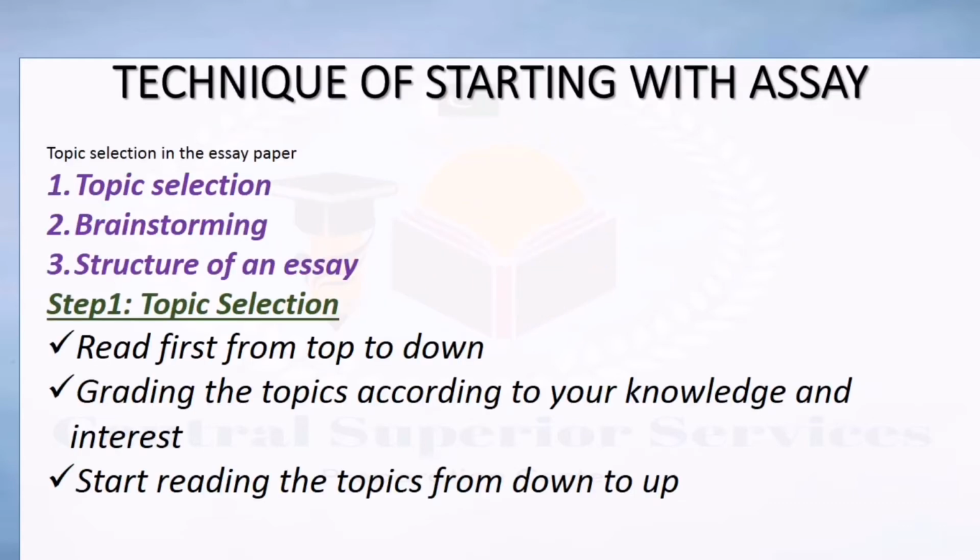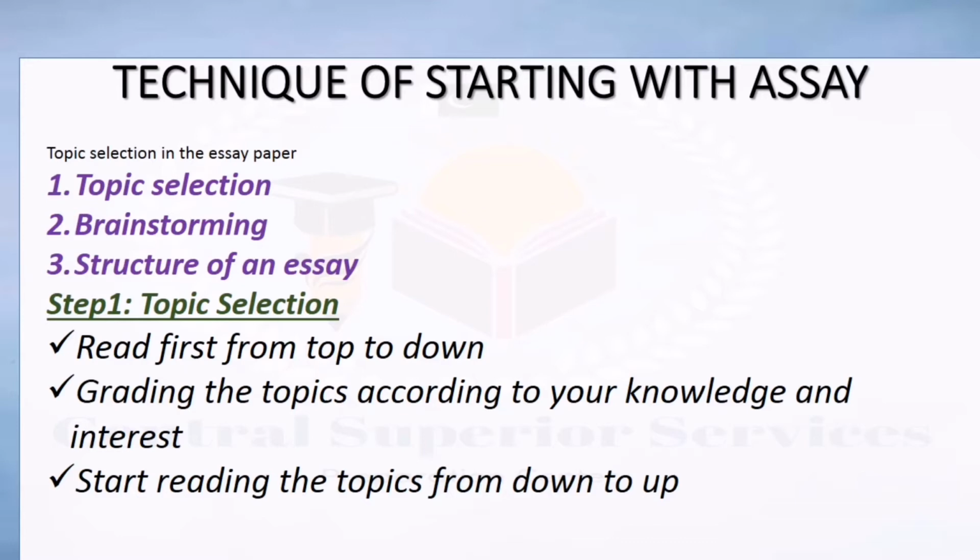There are some techniques of starting an essay. First of all, step 1, we have topic selection in the essay paper. The technique to select a topic is to read it firstly from up to down while grading the topic according to your interest and knowledge. Secondly, you need to start reading the topic from down to up, again doing the same thing.